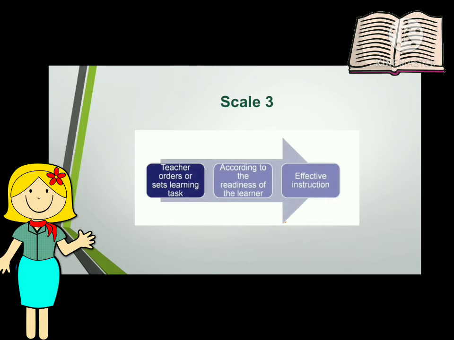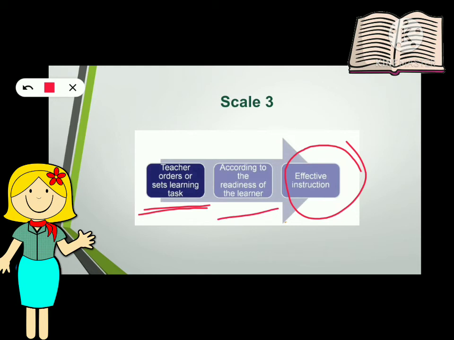Skill 3, it is about readiness. Effective instruction is achieved if the teacher is able to order or set the particular learning task according to the readiness of the learners to understand or assimilate whatever material is to be given to them.